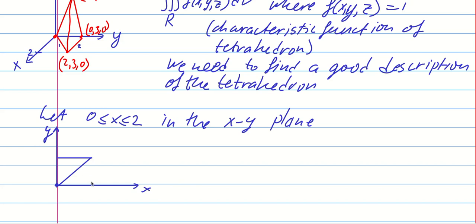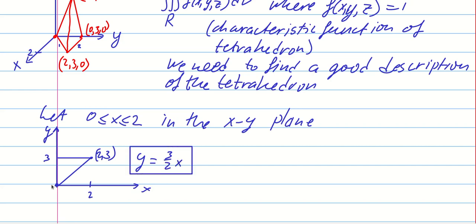So on the x-axis we go up to 2, and on the y-axis we go up to 3. So this point has coordinates 2, 3. The slope of this line is the change in y over the change in x: change in y is 3, change in x is 2, so y is equal to 3 over 2 x.